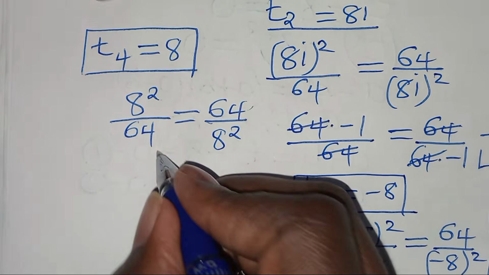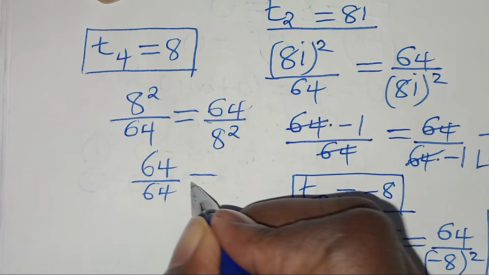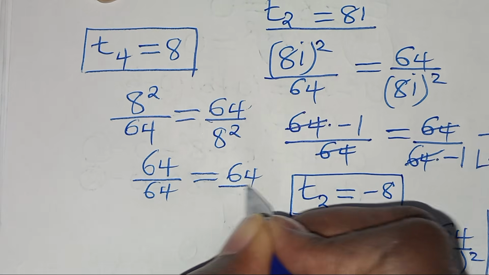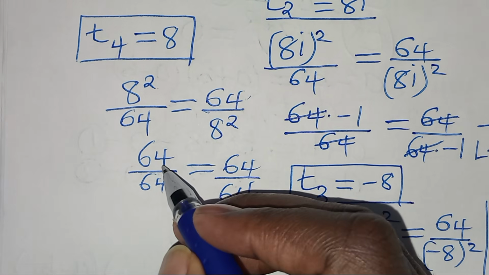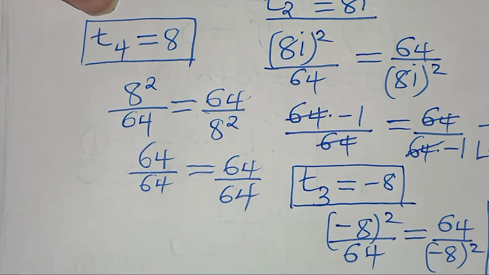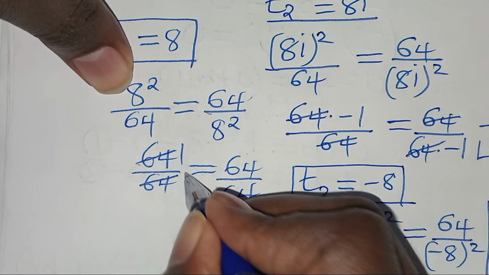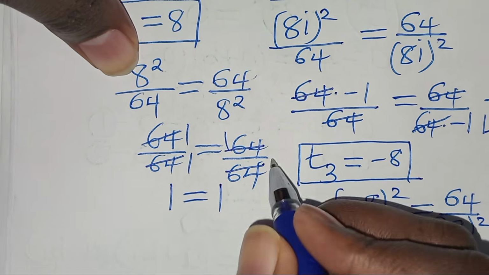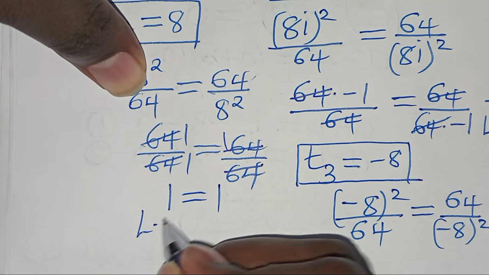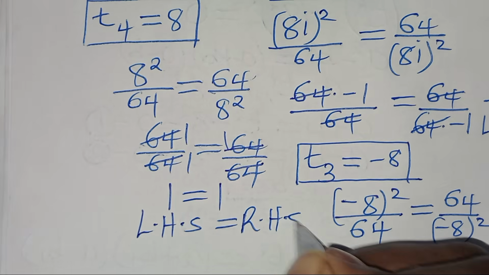So 8 squared is 64, giving 64 divided by 64, equal to 64 over 64. We simplify here by 64, 1, by 64, 1, and also here 1. So we have that 1 is equal to 1, so the left hand side is equal to the right hand side.